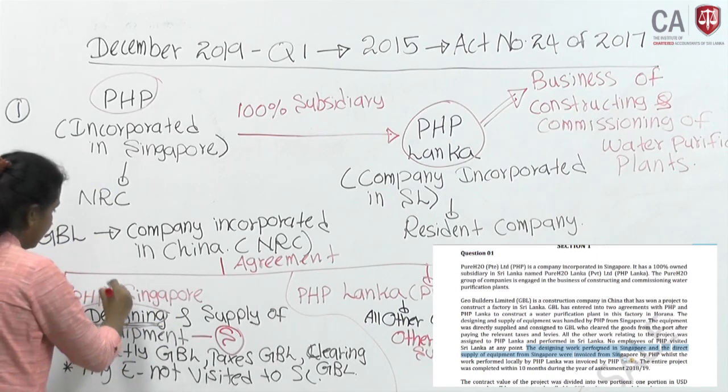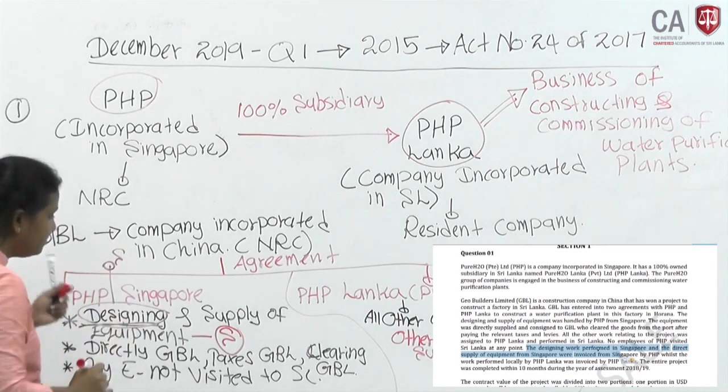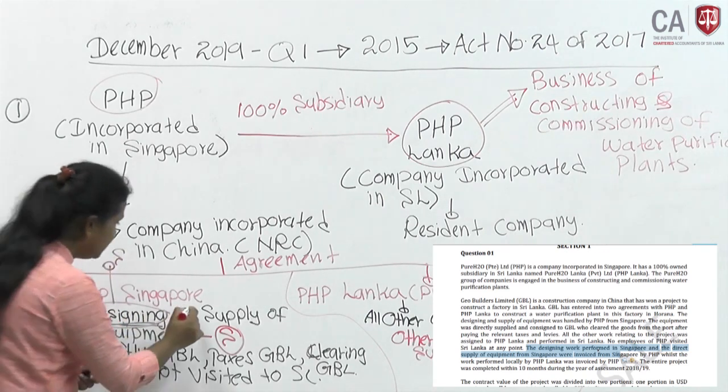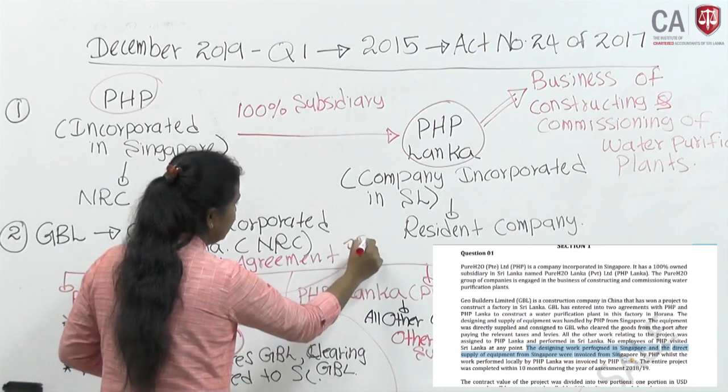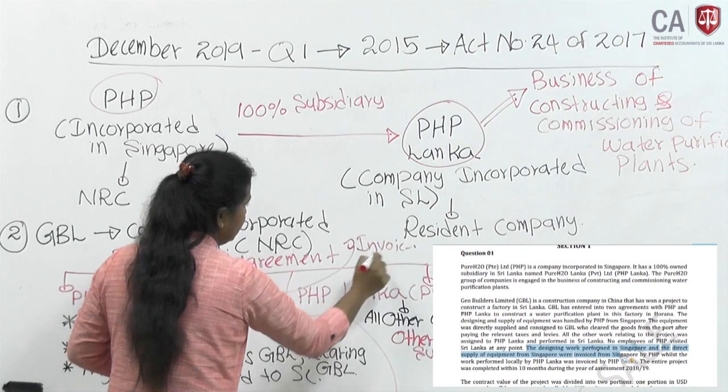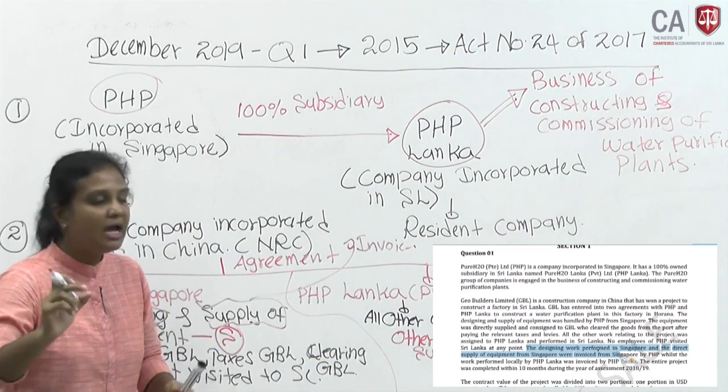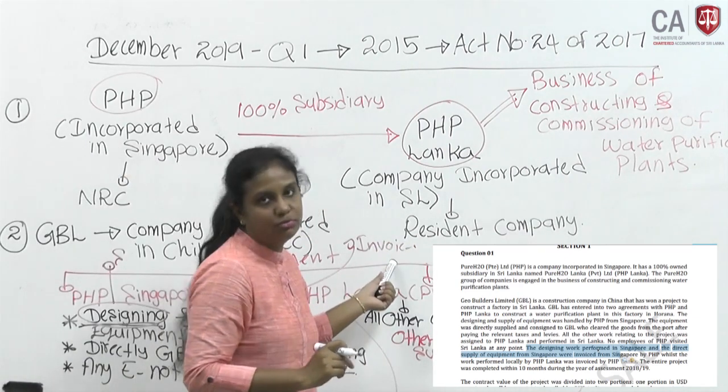Design work has been done in Singapore, and for the supply of equipment part, even the invoicing has been done in Singapore. That means the contract has been signed in Singapore.